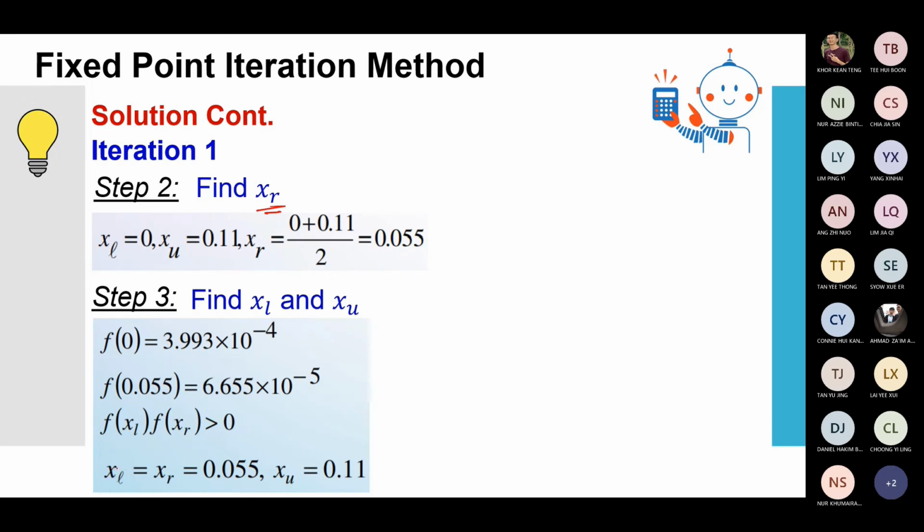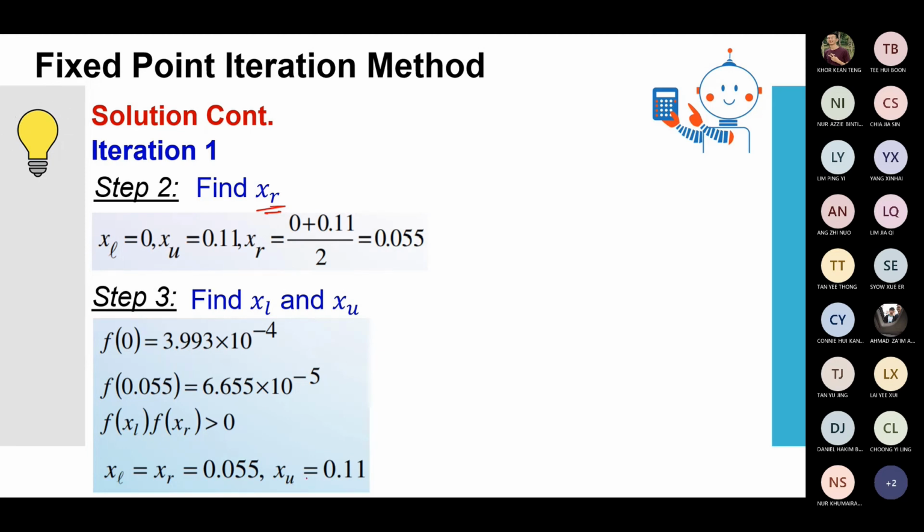So we update the new lower boundary to XR. We no longer consider the 0 value, but take the new value, XR equal to 0.055, which now becomes the new XL. The upper limit stays, because this condition is fulfilled when F(XL) times F(XR) is greater than 0, so you keep your upper limit.